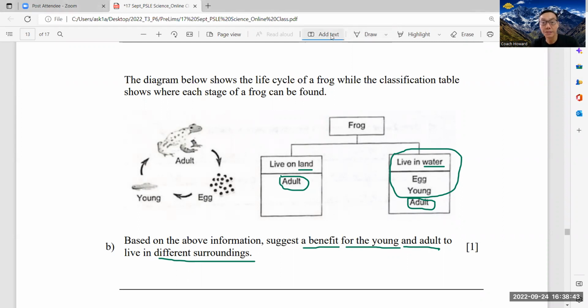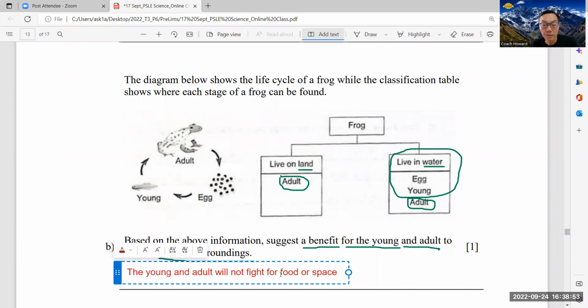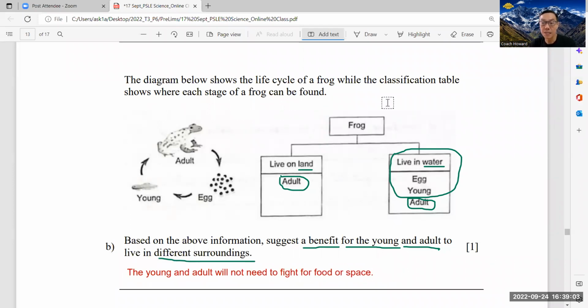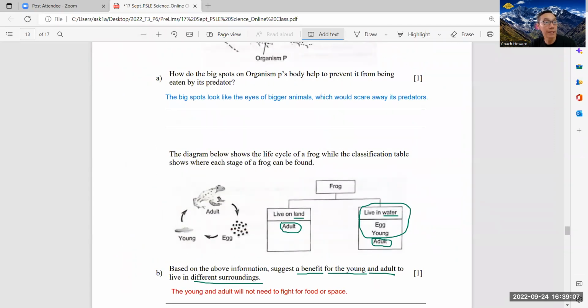So for this answer, this is what you can write: the young and adult will not need to fight for food or space. This one I will screenshot and send to you shortly.